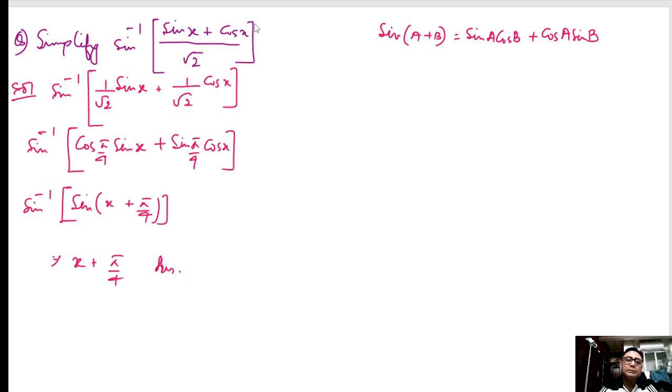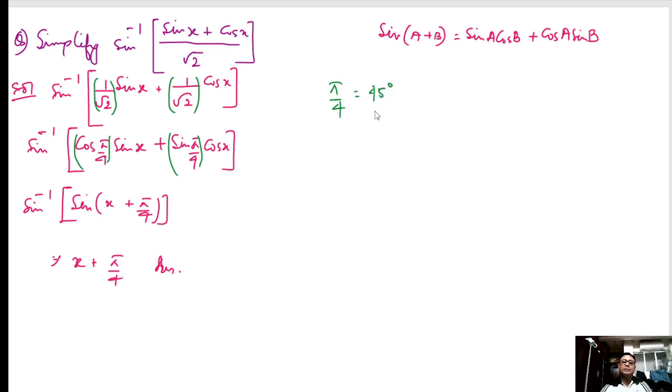Next, let us see this sine inverse. This we have to simplify. So see how we are writing the root 2: 1 by root 2, and here 1 by root 2, and instead of 1 by root 2 I can write cos pi by 4, because cos pi by 4 is 1 by root 2, and sin pi by 4 is also 1 by root 2. Pi by 4 is 45 degrees.